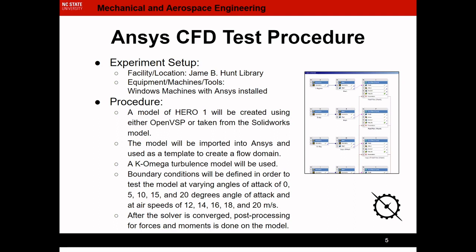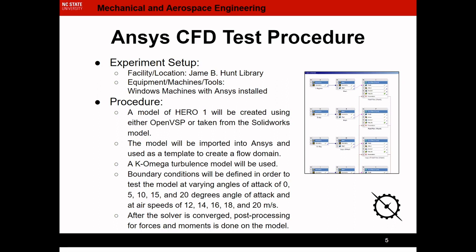I chose the k-omega turbulence model over Spalart because k-omega provided better turbulence modeling than the Spalart model. For the boundary conditions, the plane was set at a variety of angles of attack: 0, 5, 10, 15, and 20 degrees.